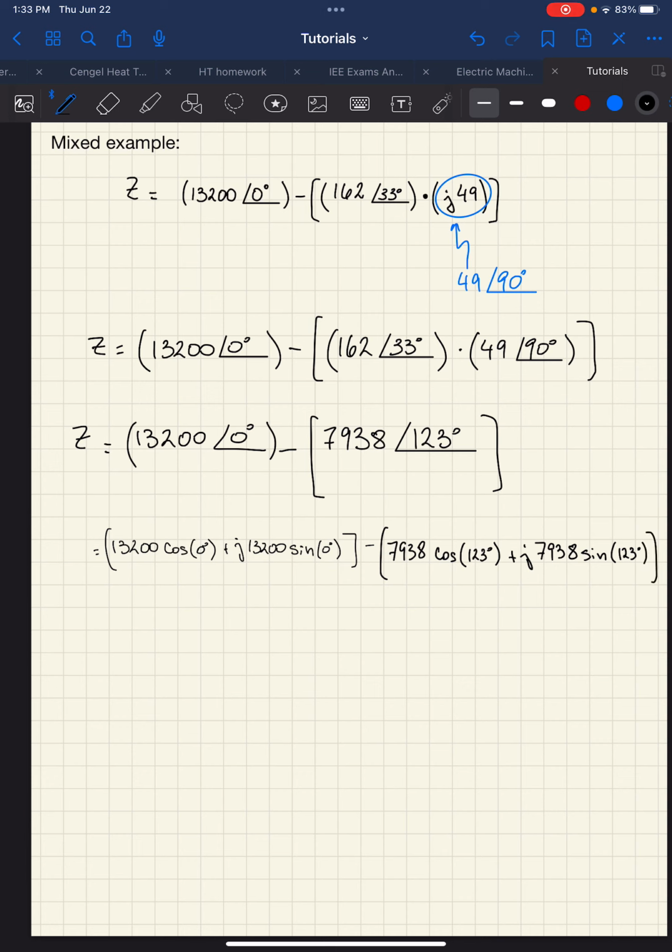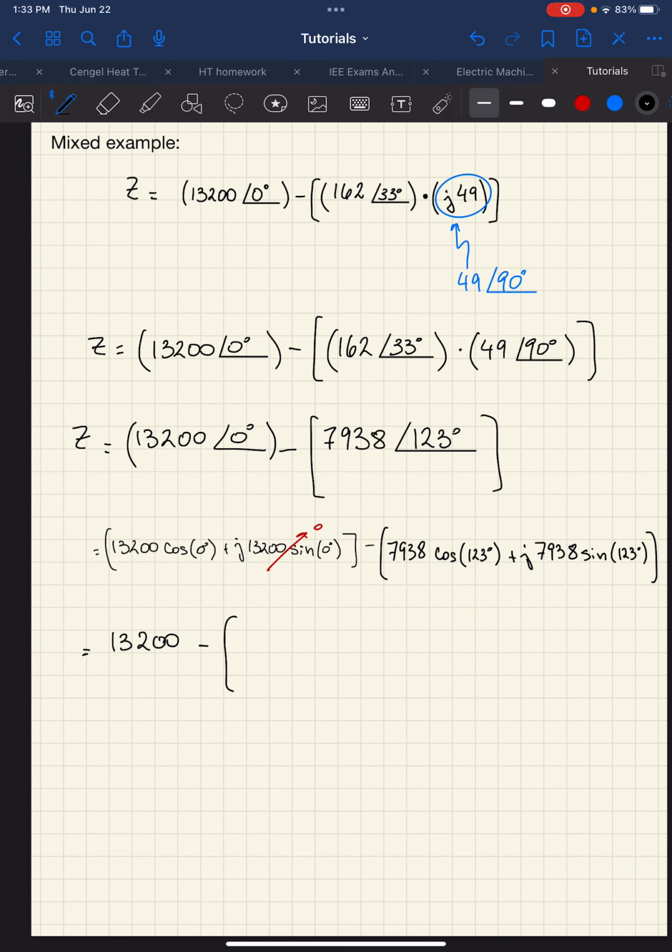There you go. Obviously the sine 0 part is going to be 0, so there's no imaginary part for this guy. It's just the real part, and cosine of 0 is just 1. So we're left with 13,200 there.